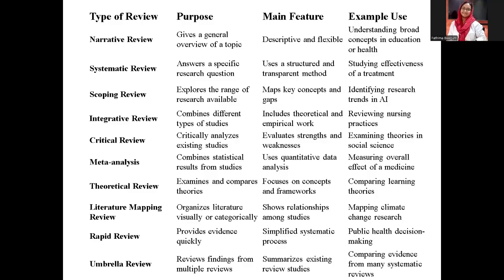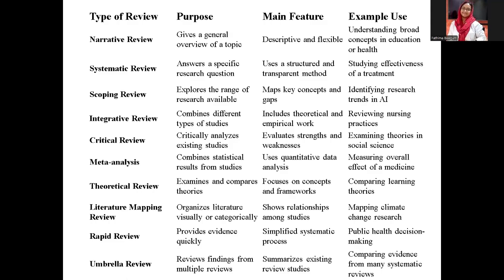Then comes the integrative review. It combines different types of studies, A, B, C, D, various studies on a particular topic. It combines theoretical as well as empirical works. Then comes another type of review, known as critical review.